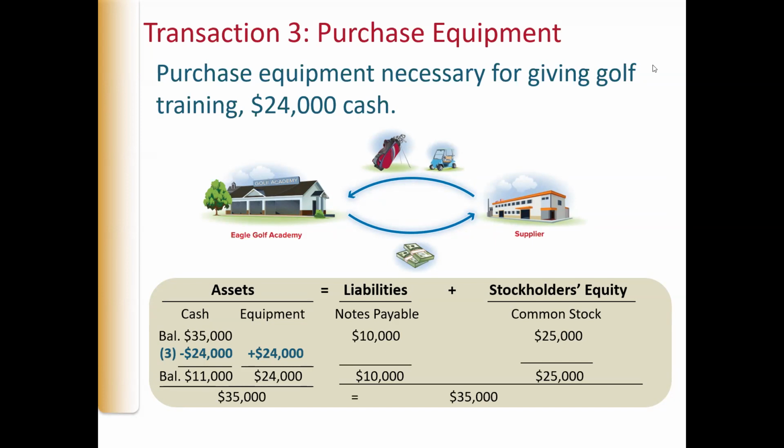Yes. We still balance because both of those accounts were an asset. One asset went up, equipment, while another asset went down, called cash. We do still have assets equal liabilities plus stockholders' equity. We balance. Okay.